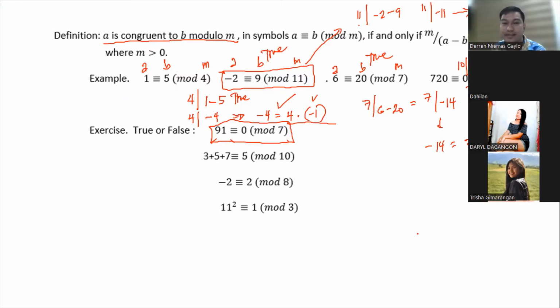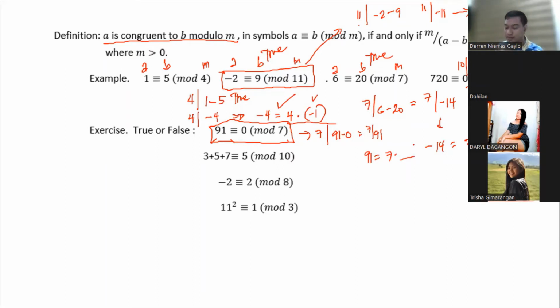You're raising your hand. So let's check if Trisha is correct. That is true. Let's check if 7 divides 91 minus 0. So 7 divides 91. Can we find a number that 91 is equal to 7 times something?